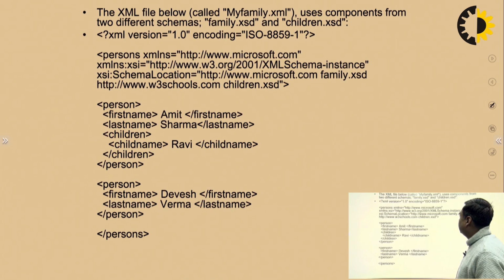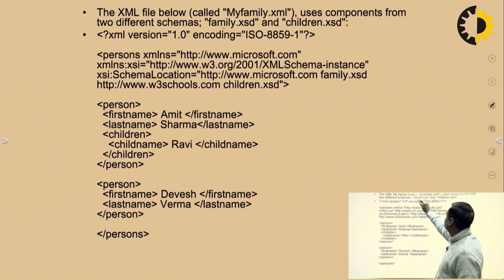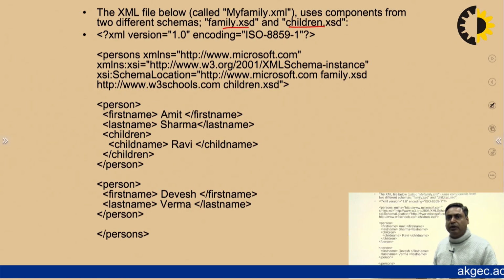Now look at an example of combining both XML schemas. We are referring to family.xsd as well as children.xsd. So we are creating an XML file by referring to the XML schemas family.xsd and children.xsd. Now look at the example.